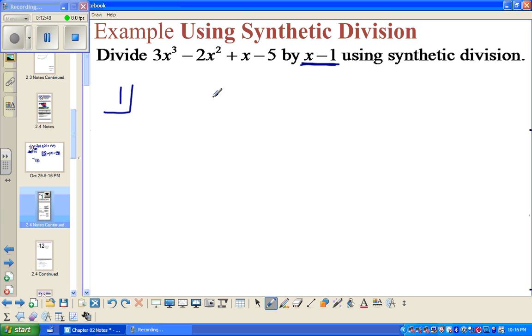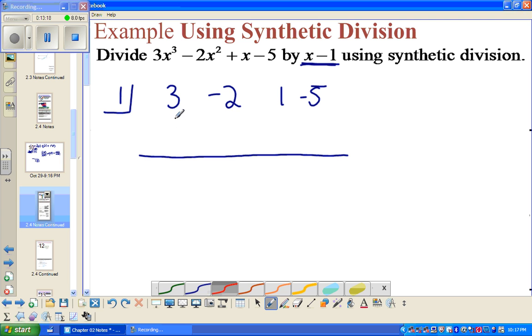Next, we're going to write out all the leading coefficients of the polynomial that's being divided. Make sure that you do keep placeholders of zeros if you are missing any terms. In this case, we are not. So if you remember from last year, when you do your synthetic division, you're always going to just drop down the first term.